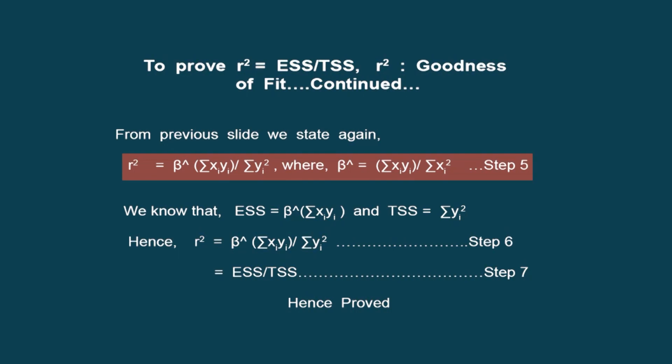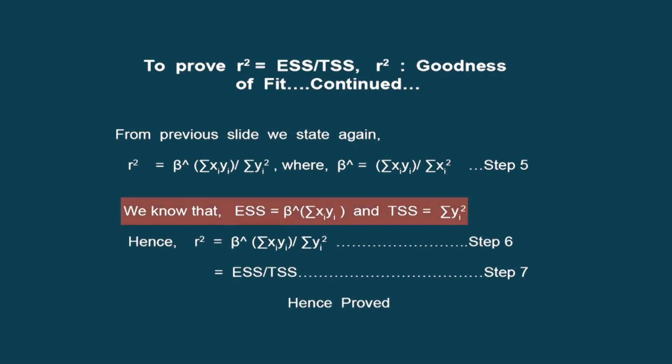Now we continue this proof because from the previous slide we repeat step number 5 in this slide once more so that we can get the clarity of the matter. So we repeat step 5, which is taken from the previous slide, where we write down the expression of R square once again, which is given by beta hat summation of xi yi divided by summation of yi square. Now what do we know?